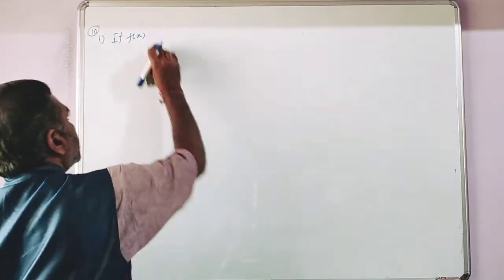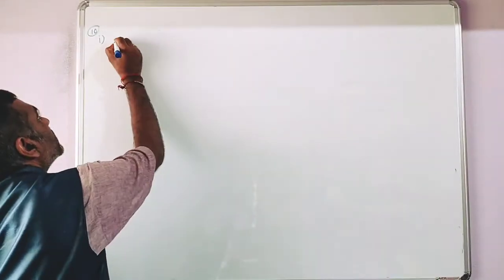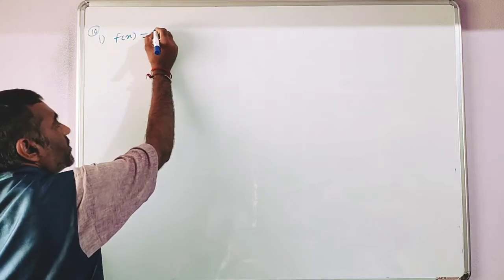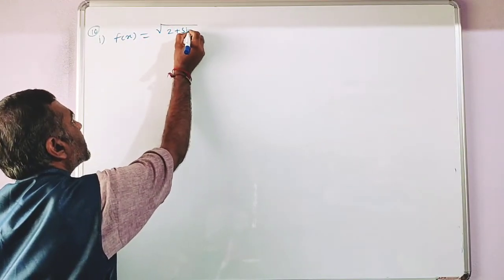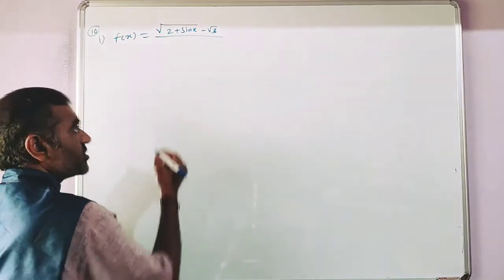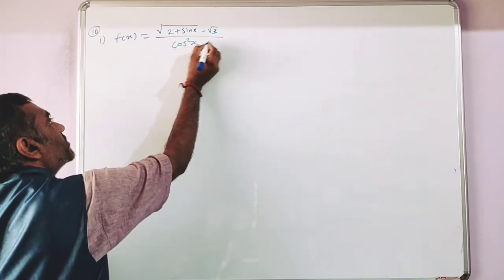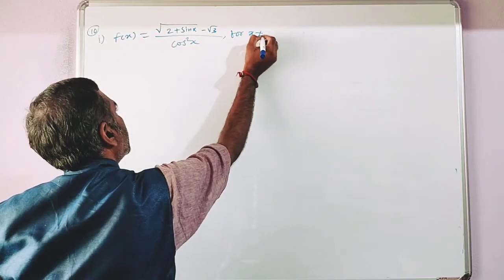First one from 10, find f of pi by 2. Without writing the whole question, what I do is write the function. f of x is equal to (square root of 2 plus sin x minus root 3) whole divided by cos square x for x is not equal to pi by 2.